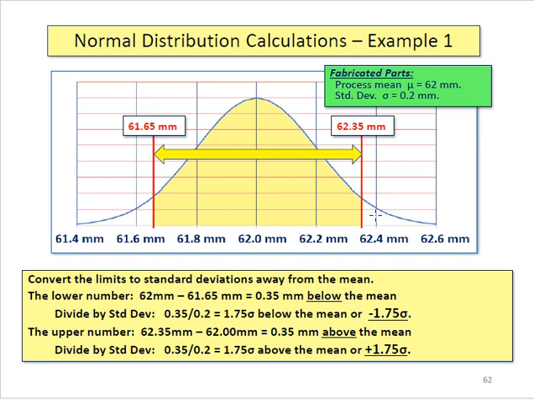And we do the same thing on this side, the upper number, going all the way from mean to here. First you calculate the distance from here to here, then divide that distance by your sigma cut point, which is 1 sigma is 0.2. So you're going to get 1.75 sigma away from there.